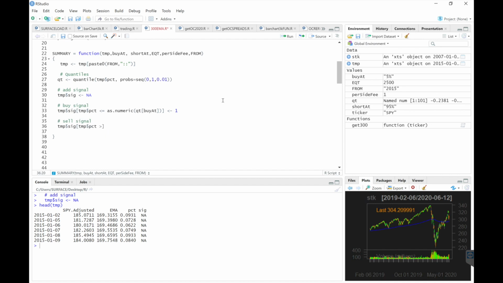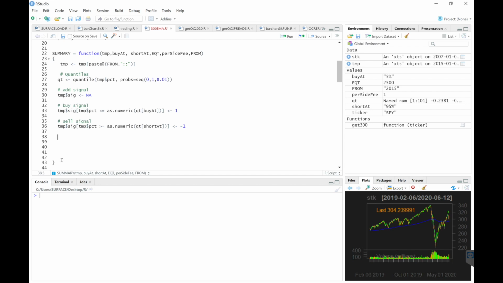Whenever our percentage difference is greater than or equal to our quantile threshold, I'm going to replace that with a -1. Alright, for our flat signal, we're going to put a 0 whenever the stock crosses the exponential moving average. So that's going to be represented with this.